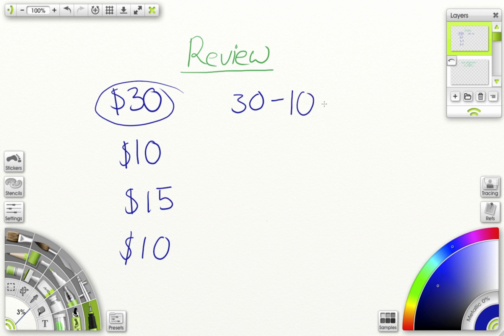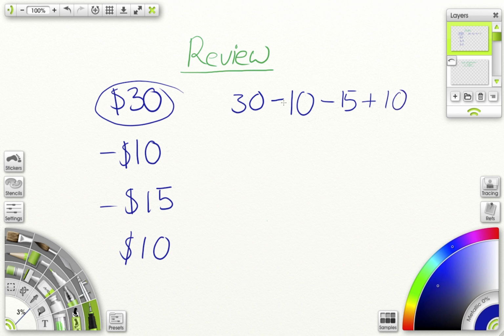So 30 minus 10, and then he loses $15. So this 10 and this 15 are both being subtracted from your starting amount. So I have 30, and I lost $10, and then I lose another 15. And then I add 10.